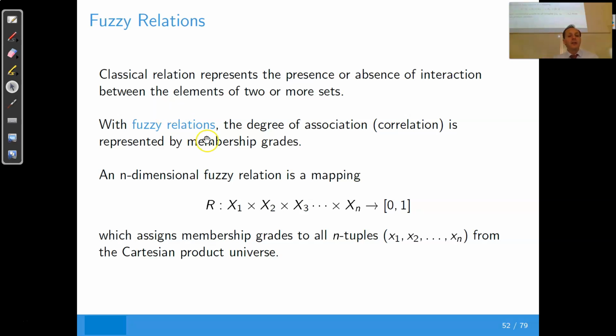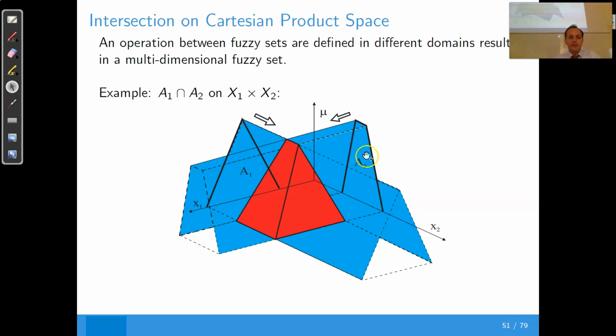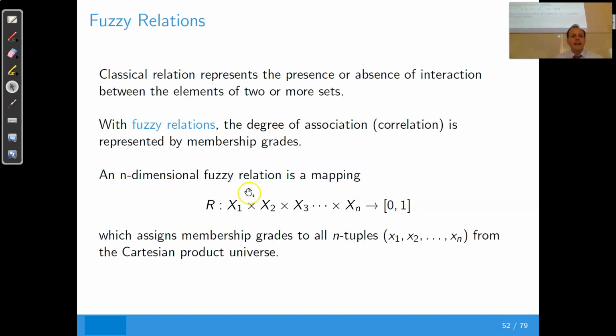Fuzzy relations are described again with the degree of association, which is again the membership degree. So it's represented by a membership grade. A multidimensional fuzzy relation is a mapping. As a relation is important, it is a mapping, so it's like a function.